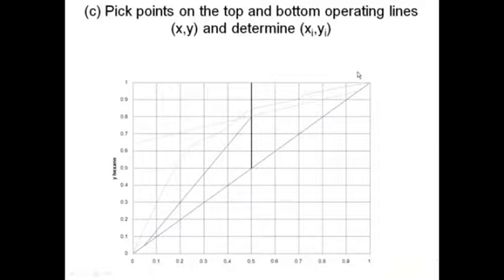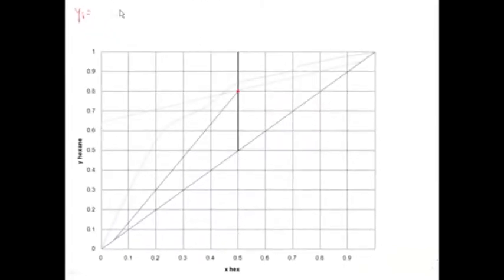And so I'll just pick random points. Start here. My equation for this is yi equals negative kxa over kya xi plus kxa over kya x plus y.